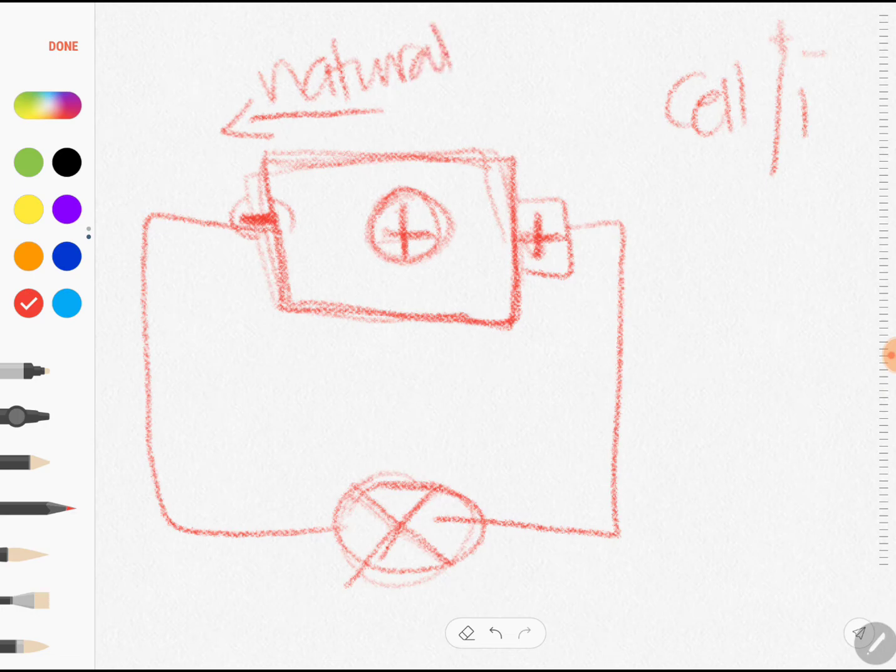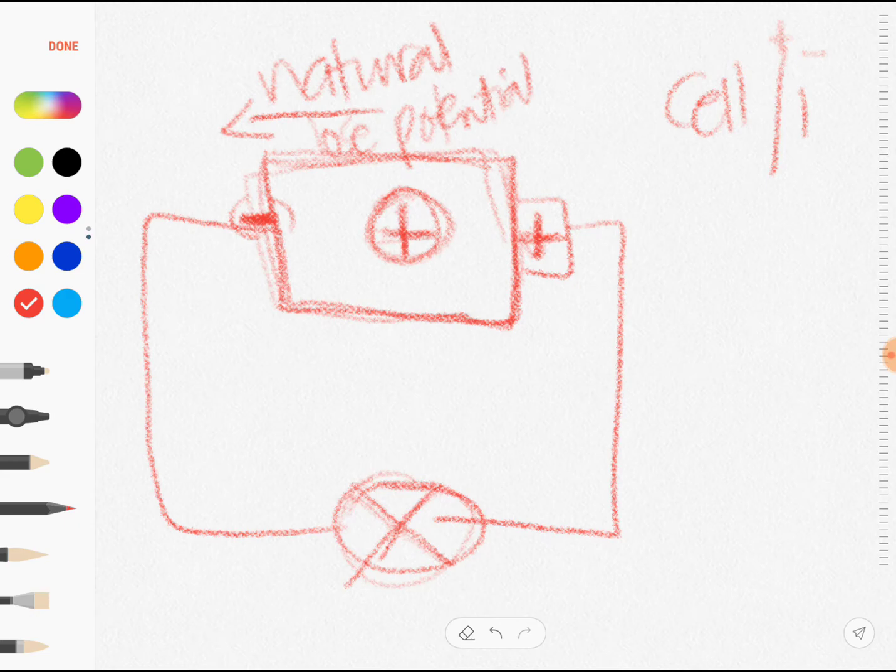Natural. Okay, so if this is the natural way for the positive test charge, we know that if it moves from this position to the negative terminal, it will lose potential. Okay, however, we do not want the low potential. I'll discuss that later, sorry.